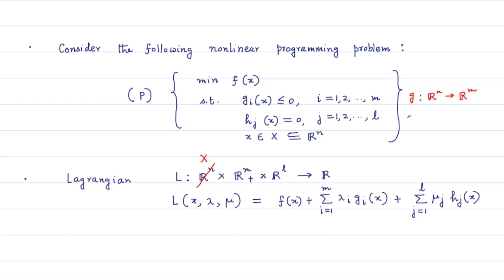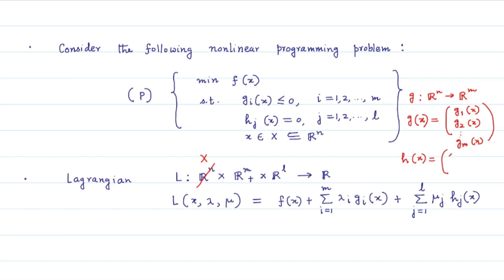That means you are considering the function g(x) having the components g1(x), g2(x) till gm(x). Similarly, consider in a vectorial form these equality constraints to be written as h(x), where the jth component of h is hj.